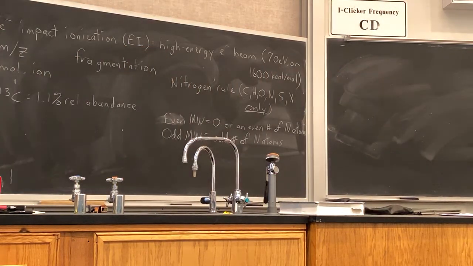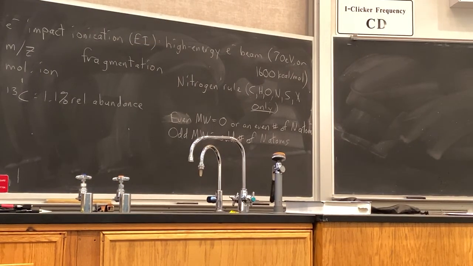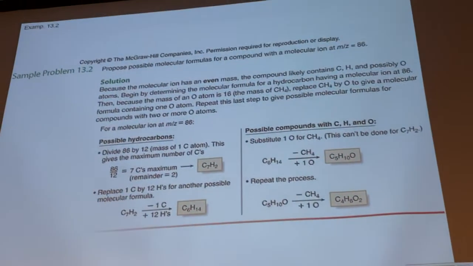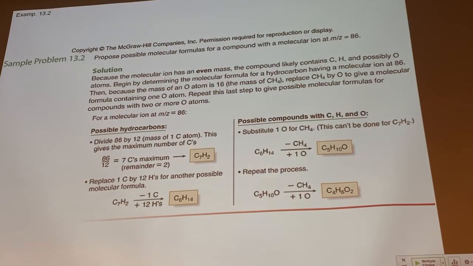All right. This sample problem shows us how we would use mass spectrometry data to come up with possible molecular formulas of a compound. This is coordinated with that previous spectrum. The molecular ion was at 86.